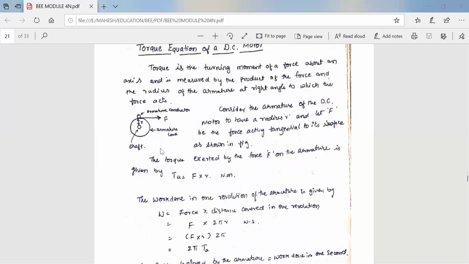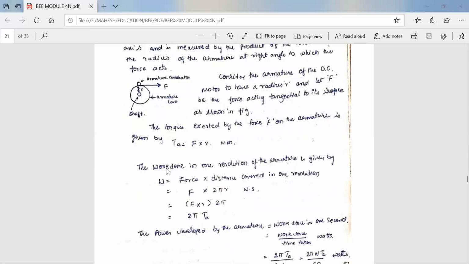So here I have considered the armature core. Consider the armature of the DC motor, which has a radius R, and let F be the force acting tangential to its surface. According to the definition, the torque is given by Ta equals F into R. It is always measured in Newton meter.